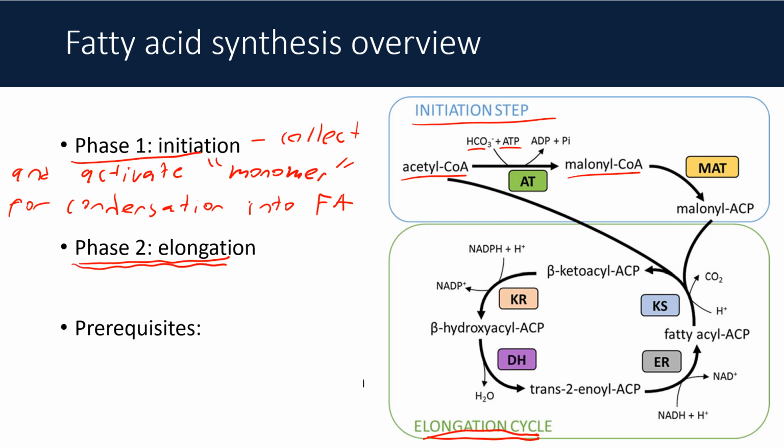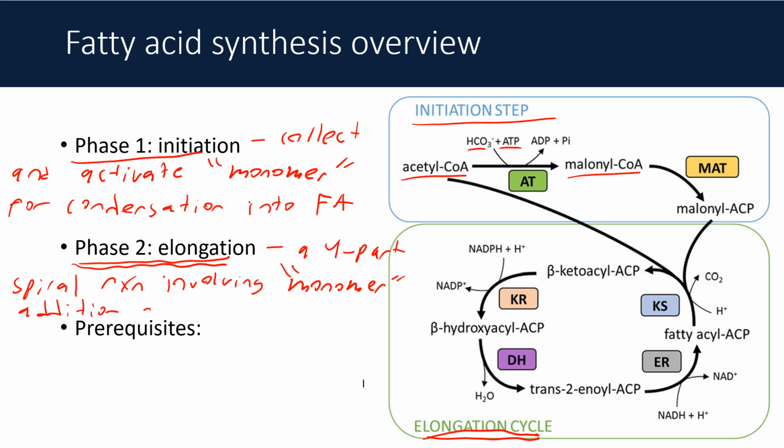And what is elongation about? This is the complicated part, in my opinion. It is going to constitute a 4-part spiral reaction involving monomer addition and reduction.